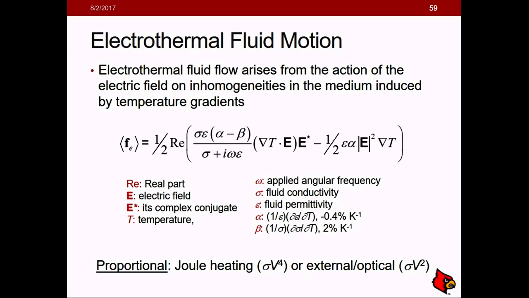You have a coulombic term and a frequency dependent term here, and your electrothermal motion will occur based on the gradient of temperature, so the non-uniformity of the temperature, the non-uniformity of your dielectric, and then the electric field.